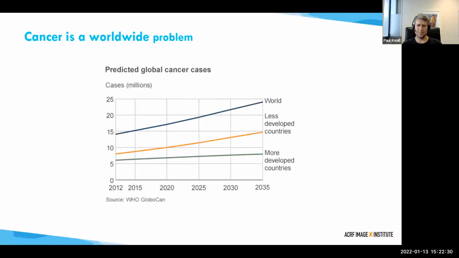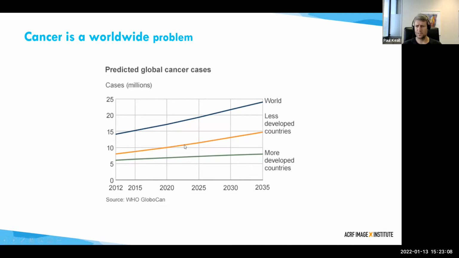Jumping into where cancer is on a global scale, we're extremely fortunate in Sydney to have access to many outstanding radiation therapy centres, with excellent, well-educated teams and staff. That's very different for most of the low and middle income countries. Interestingly, in developed countries, the increase in cancer cases is growing very much with the population.